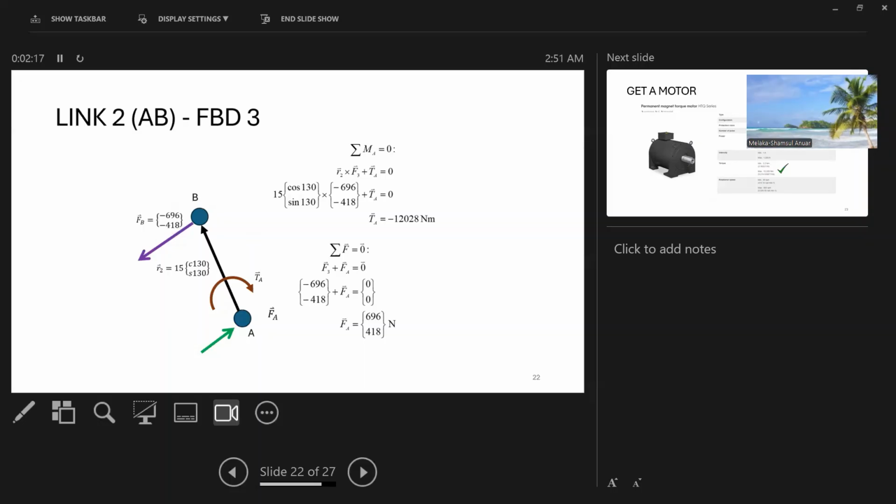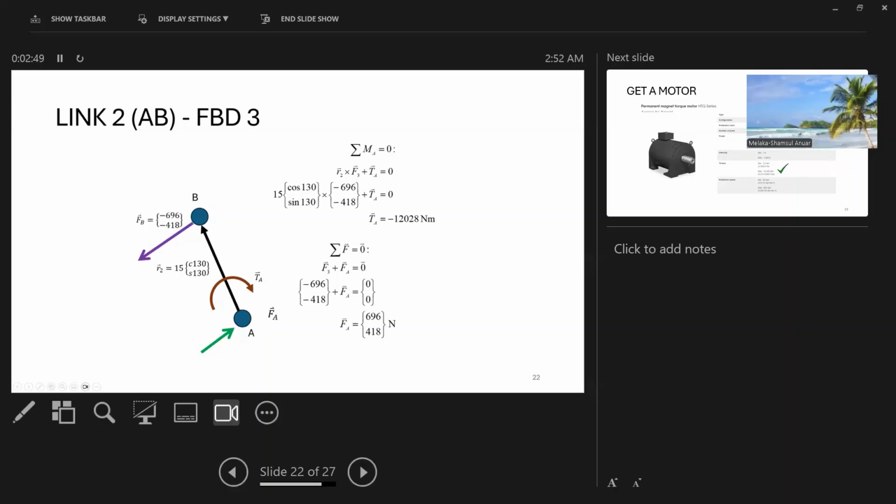And finally, in link 2, between A and B, you can find this data, which is the part that's going to be used in calculating or selecting the motor. We found that the torque at the top about point A will be about 12,028 Newton-centimeter.